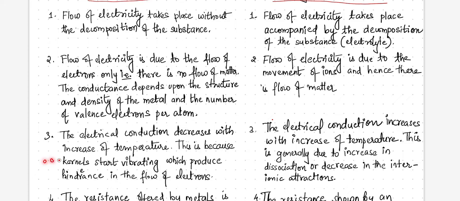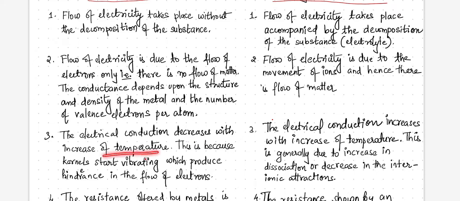So we have various lattice points of the metal atoms present, and when these metal atoms vibrate, they block the flow of electrons.